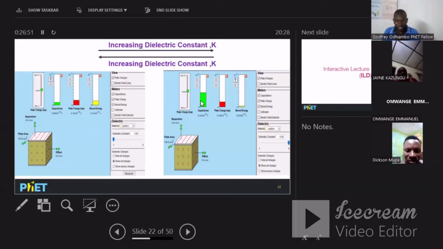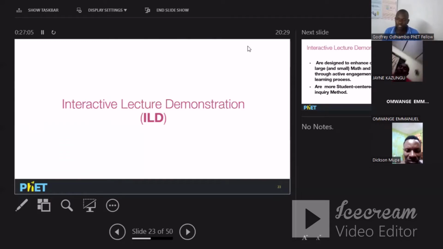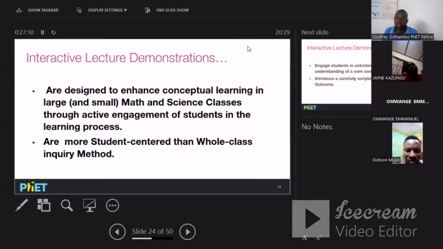So the next strategy used to teach is interactive lecture demonstration. Now, in this method, it is designed to enhance conceptual learning in large and small math and science classes through active engagement of students in the learning process.